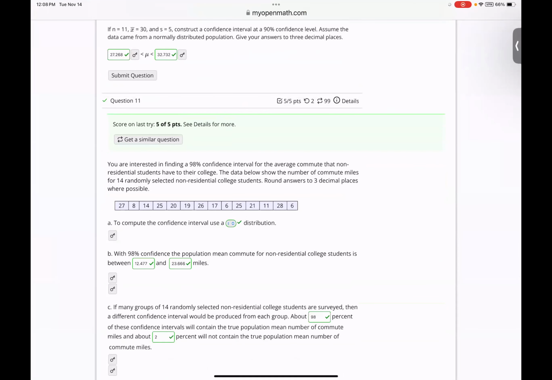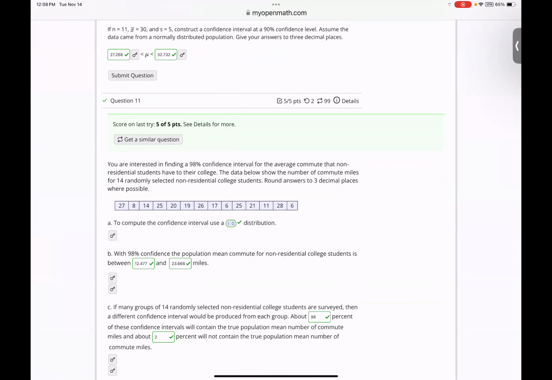Problem 11, you're interested in finding a 98% confidence interval. So now you're just going to do it on data. You're going to do exactly the same thing that you did before, but now you're going to do it on a set of data. You're interested in finding a 98% confidence interval for the average commute that non-residential students have to their college.